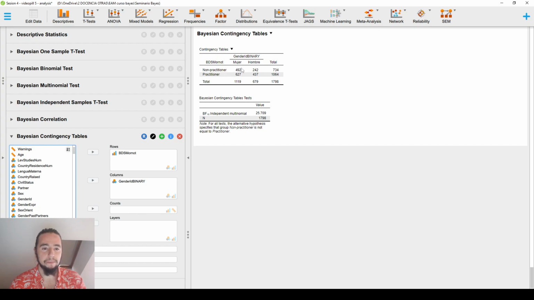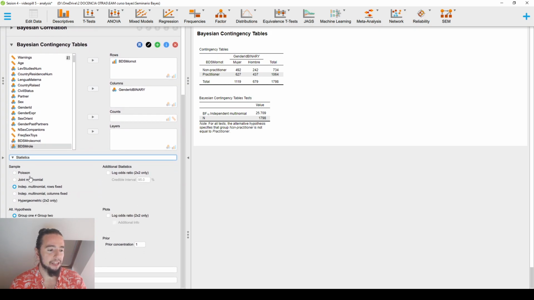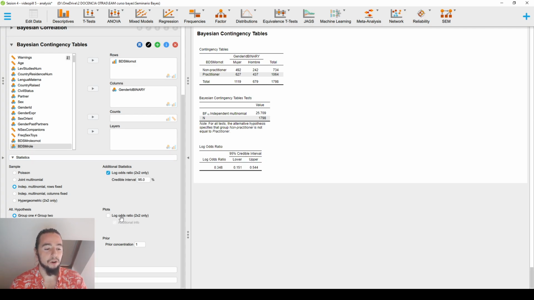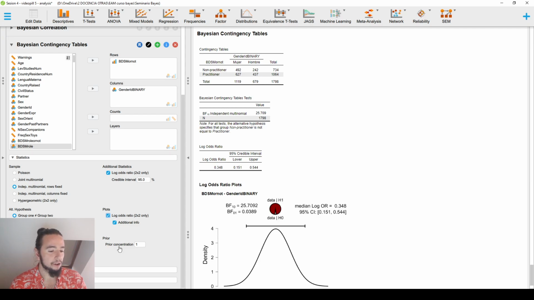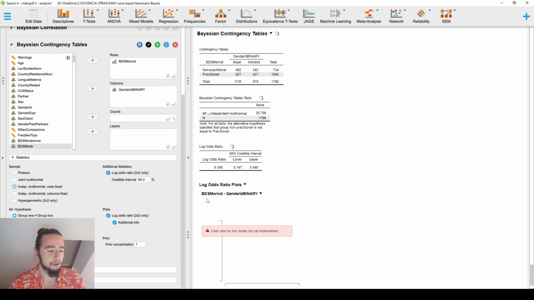We have women and men, practitioners and non-practitioners, and here we can adjust the sampling scheme that we need, for example Poisson, hypergeometric, or whatever we need. Because we have a 2x2 table, we can ask for the log odds ratio, and also we can establish a prior concentration here. And for example, let's pick the hypergeometric, and you can see here that it is not available.